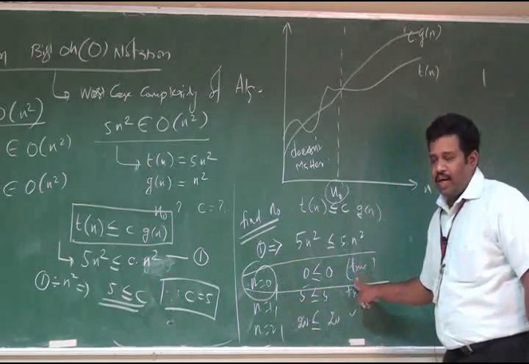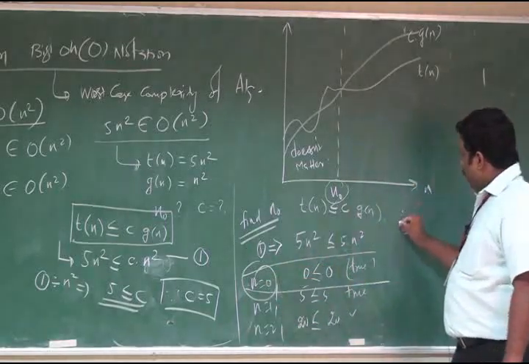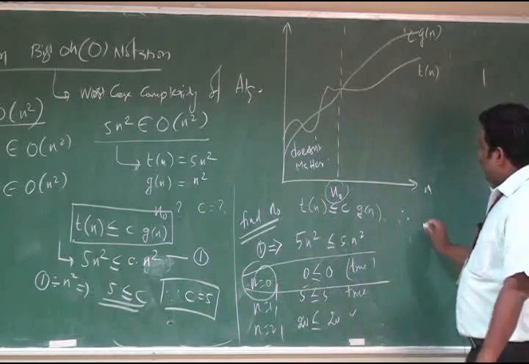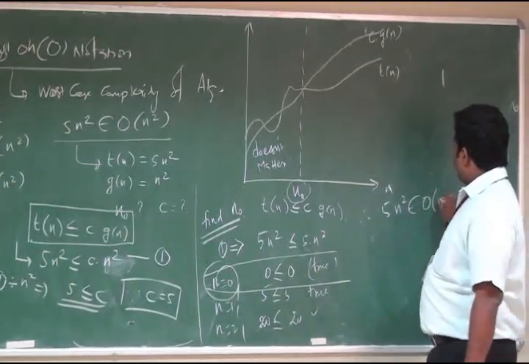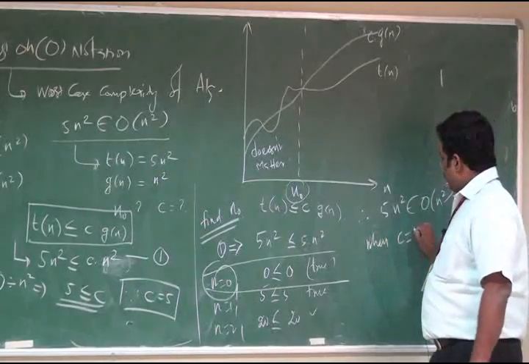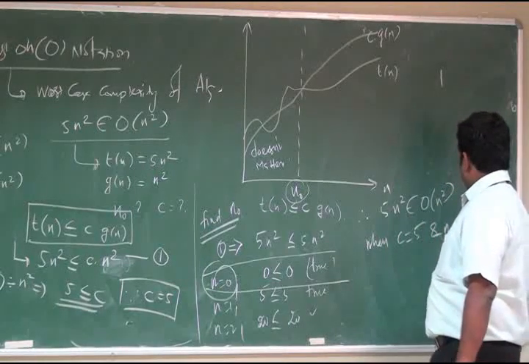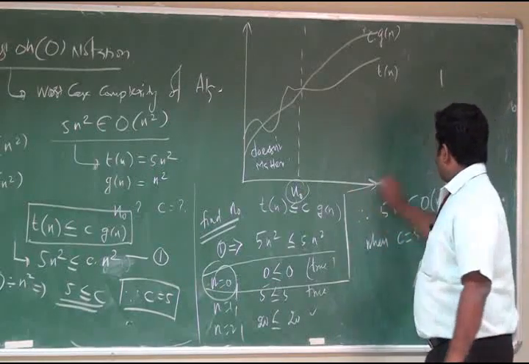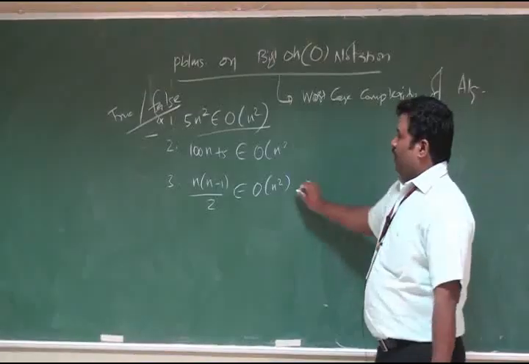After that, select the first n value as the break even point. Therefore it is concluded that the given expression 5n square falls under the big O of n square when C is equivalent to 5 and break even point n naught is equivalent to 0. So the given expression falls under big O notation.